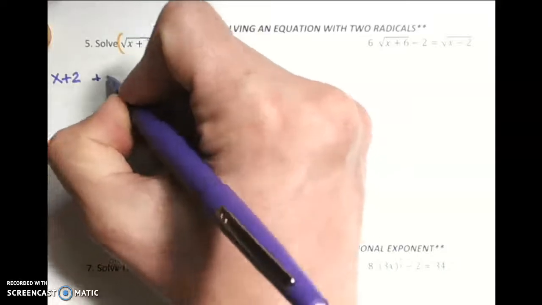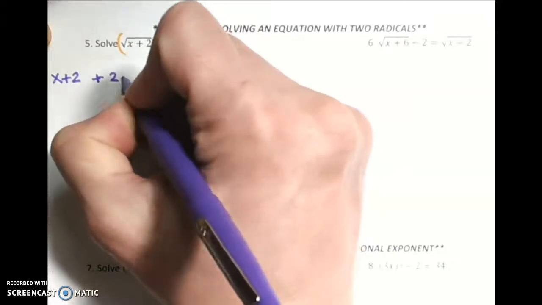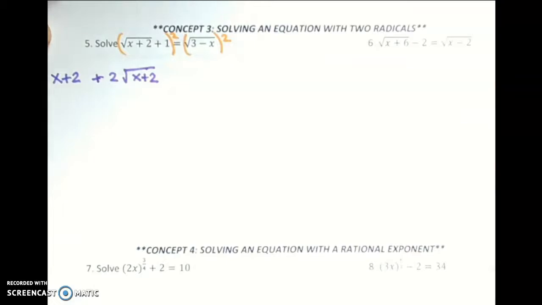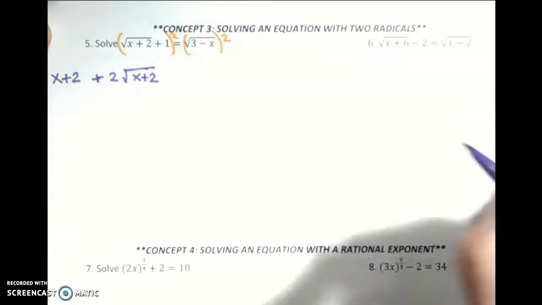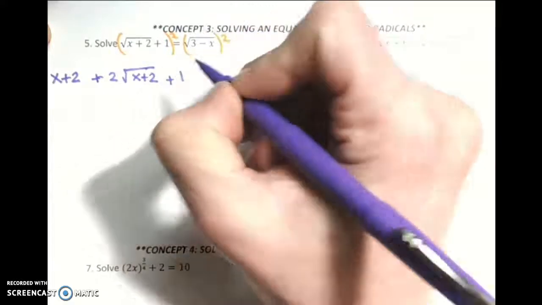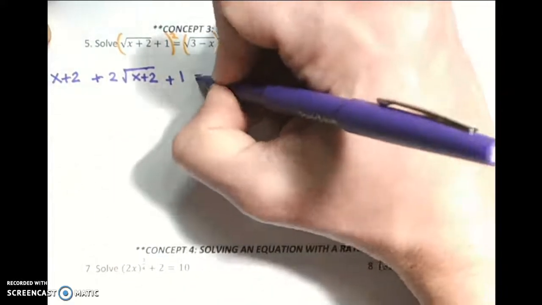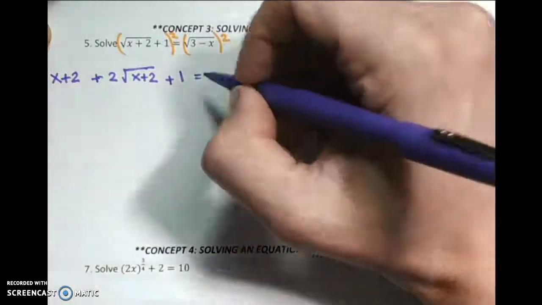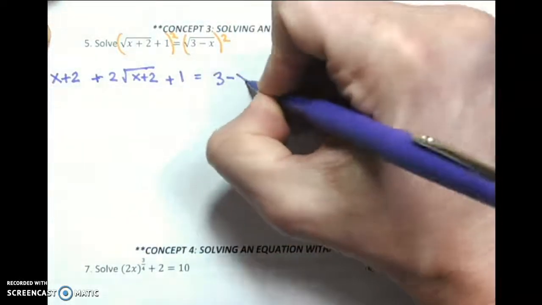So it's going to be plus 2 times the square root of x plus 2. Then I take my last term, 1, and I square that. 1 times 1 is just 1. On the other side of the equation, I take the square root of 3 minus x squared, and I just get 3 minus x.